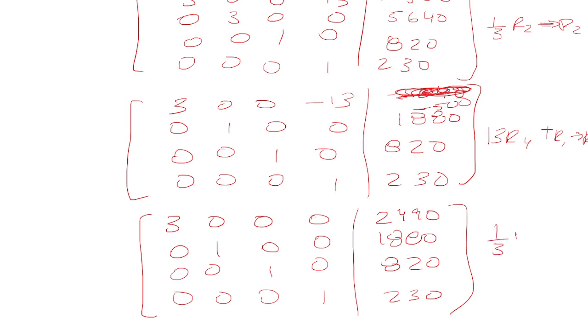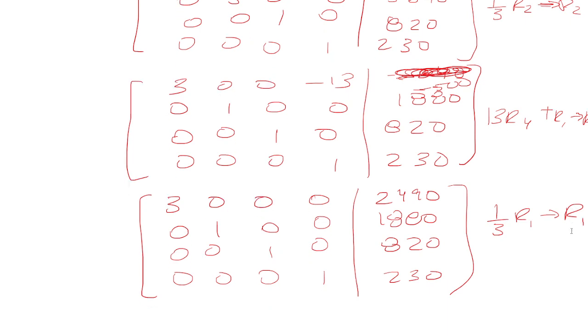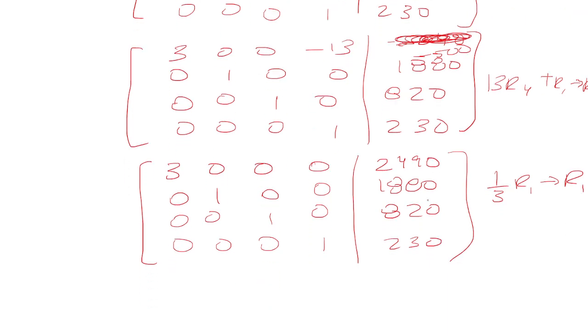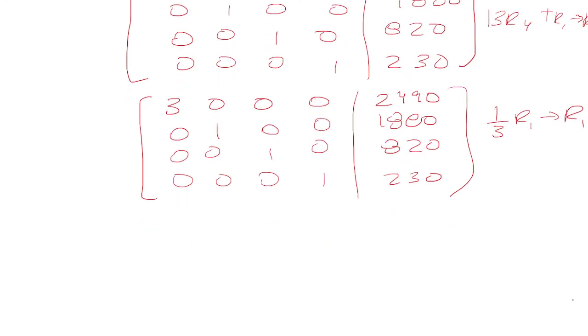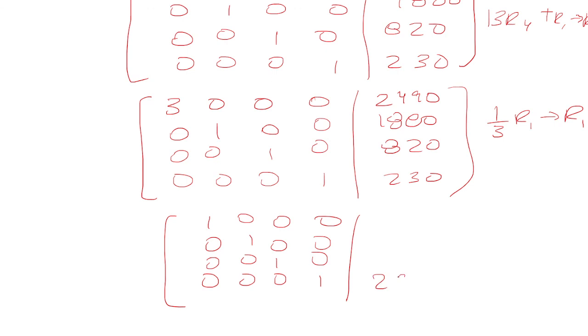Finally, we're going to divide row 1 by 3. Okay, now 2,490 divided by 3 becomes 830.